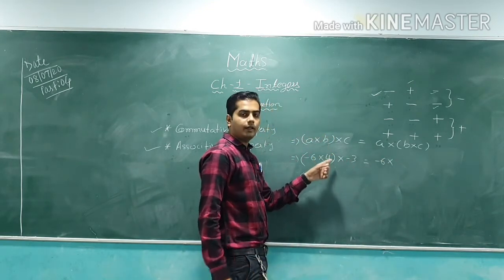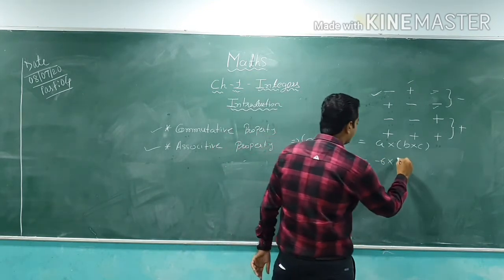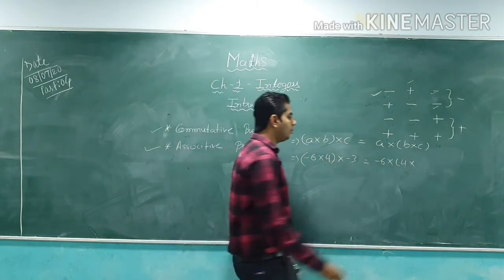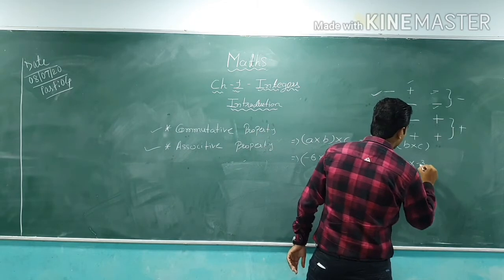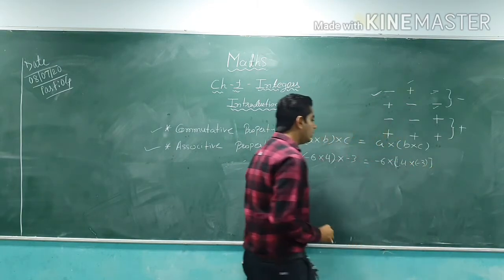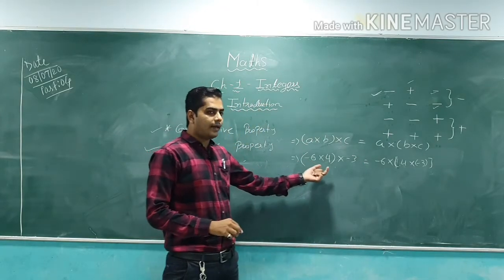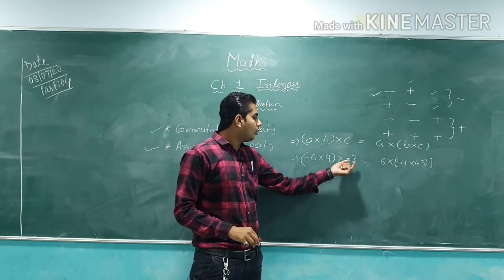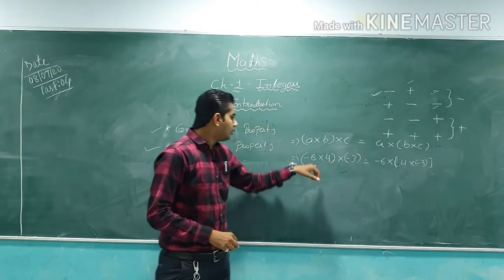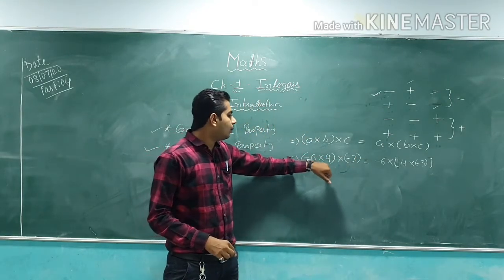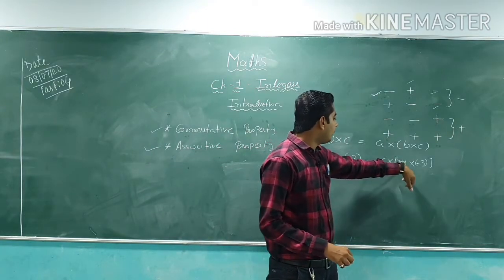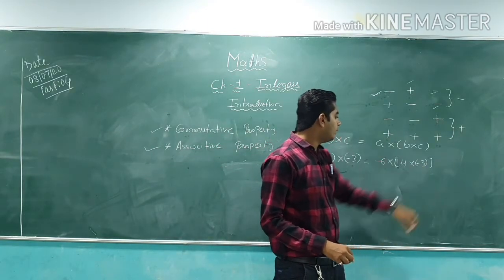We took b as 4, so in the bracket 4, and we took c as minus 3, so in the bracket minus 3. Always remember, if you have two signs in between, you always have to write in bracket. So here minus 6 multiply in the bracket 4 multiply minus 3.